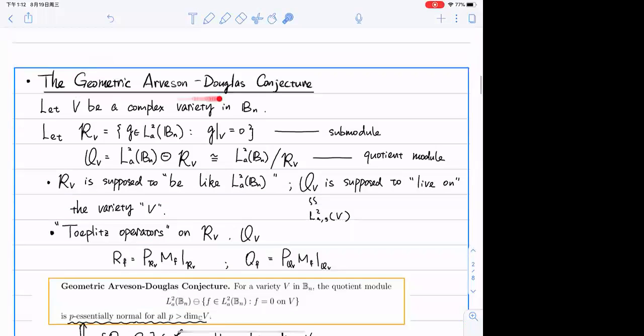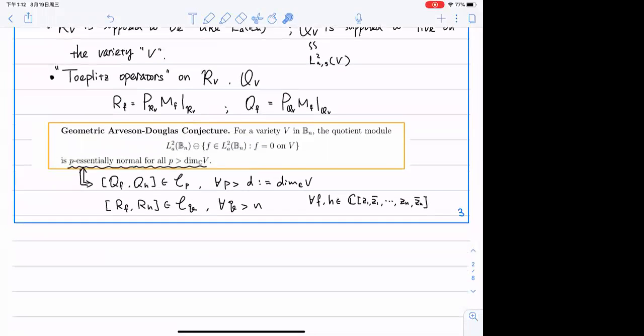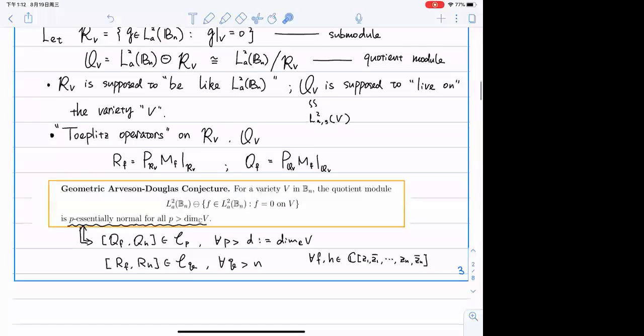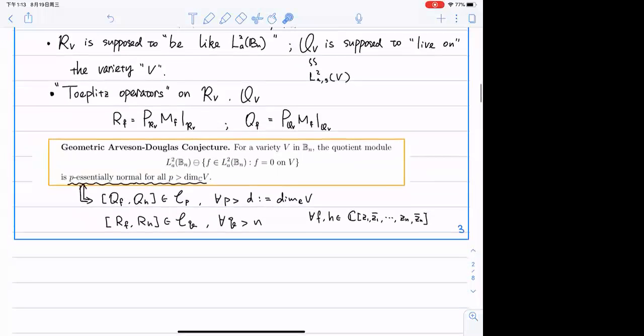The geometric Arveson-Douglas conjecture says, so this is actually a problem: if you have a variety, you define this submodule and quotient module, and we ask whether this quotient module is p-essentially normal for any p greater than the complex dimension of the variety.